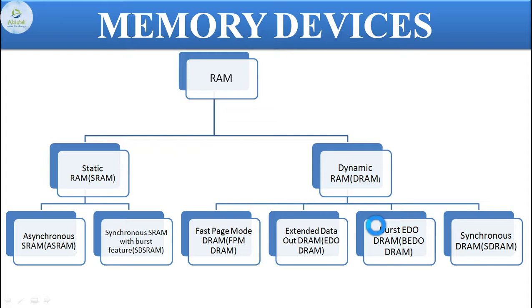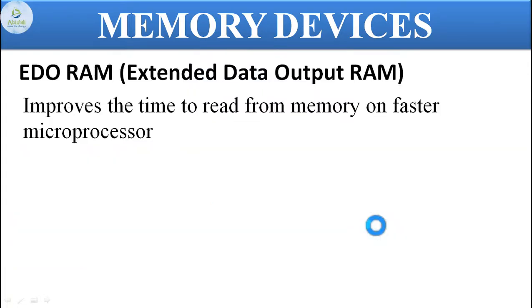Then we have EDO RAM, that is extended data out dynamic random access memory. With the burst, EDO RAMs are available. Then we have asynchronous and synchronous also. Asynchronous falls under the static one, the synchronous falls under the dynamic one.